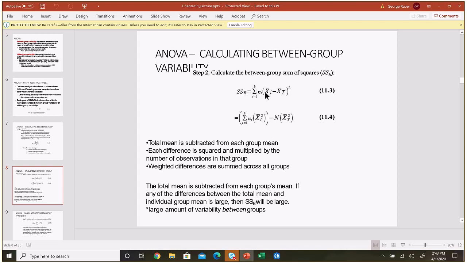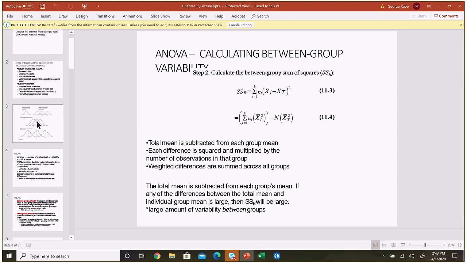Okay. One reason that we call this analysis of variance is that the next formula here, which is really just a reworking of this formula, looks a whole lot like the formula for variance, except now, instead of talking about the individual observations, we're calculating the variance of the means about the overall mean.